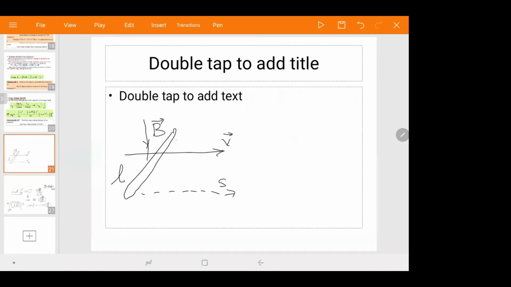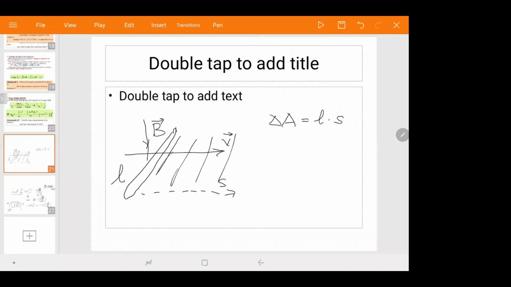So it cuts through all the flux in this area. And area means length times breadth mathematically. When we talk about the flux, the area would be the length of the wire which cuts across the magnetic field, and the breadth would be the distance covered by the rolling wire.